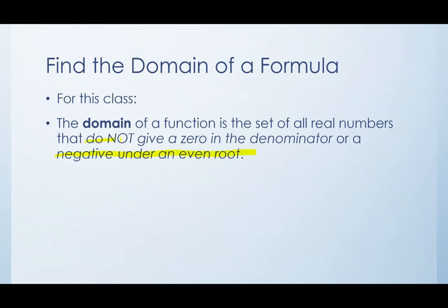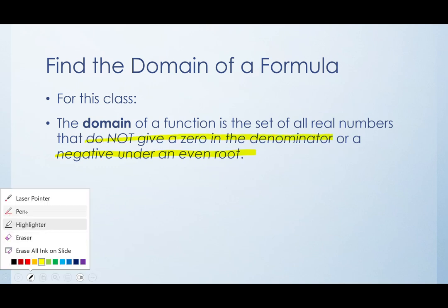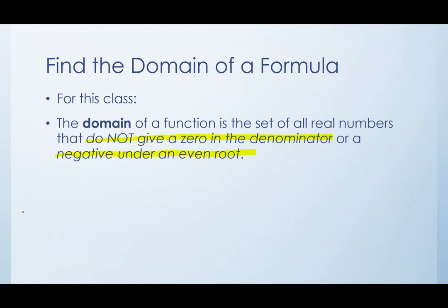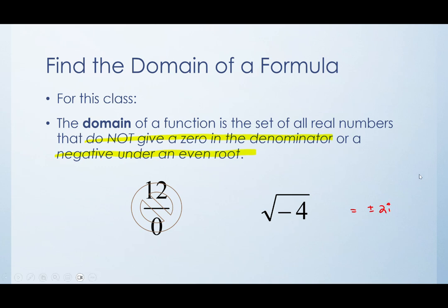We're throwing out anything that causes a divide by 0 error or a negative under the square root, which would cause a complex number. So for instance, nothing that would make us do 12 over 0, that's undefined. No square root of -4, because that would be equal to plus or minus 2i, and we don't like complex numbers in our equations. So none of that either.